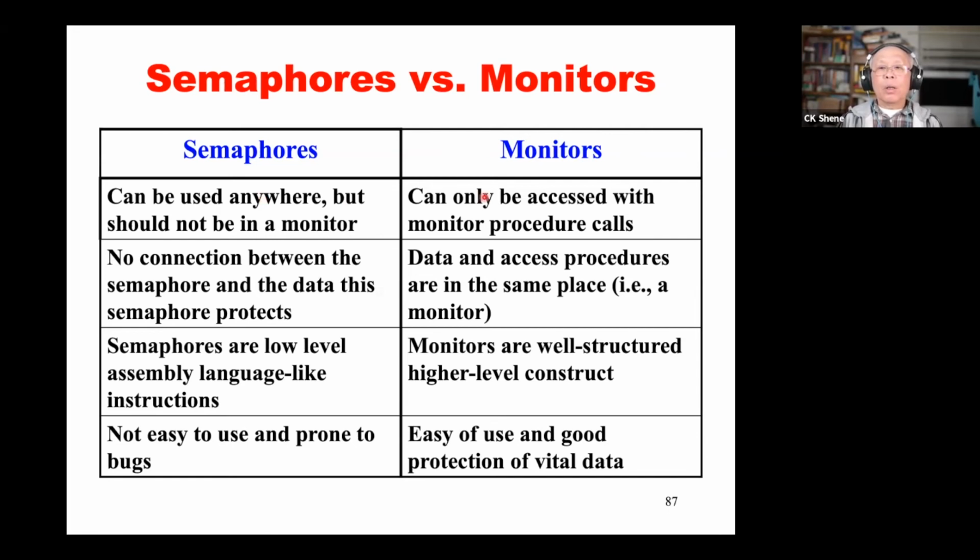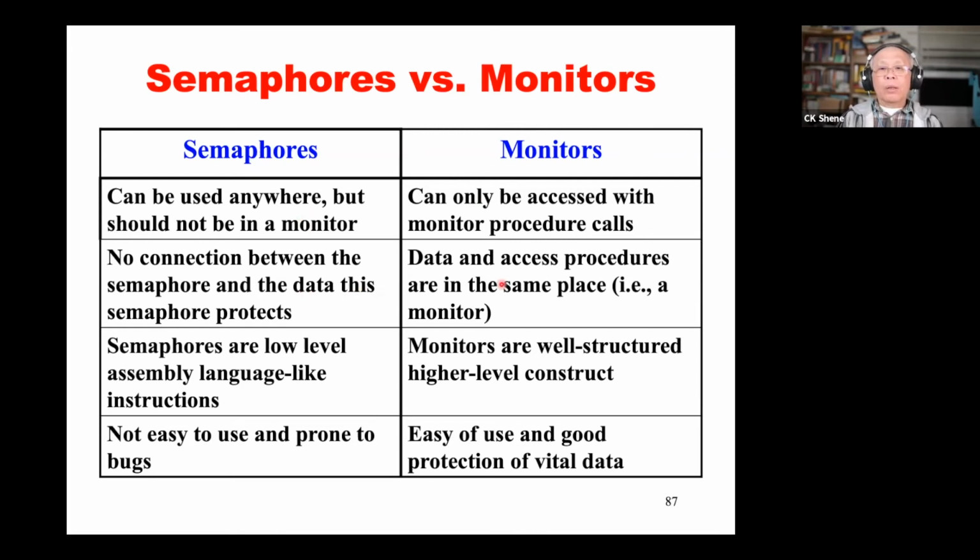But for a monitor, everything you want to control must be inside the monitor. And if the monitor has so many shared things, so that threads go in and out of the monitor so frequently, efficiency could be a bit lower than the use of semaphores.